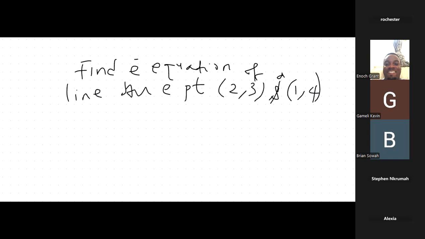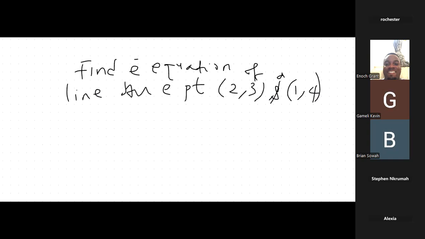Once we have identified our points, the first step is to find the gradient. How do we determine the gradient between 2 points?